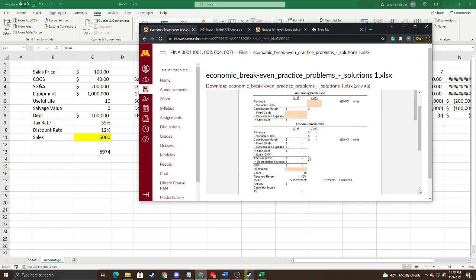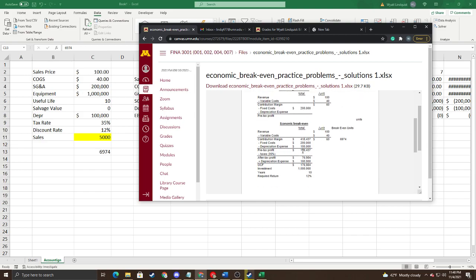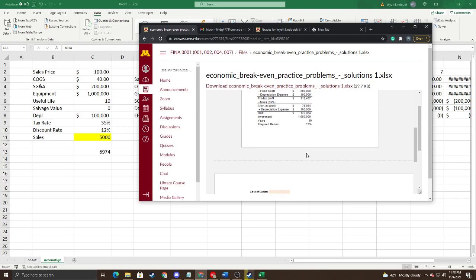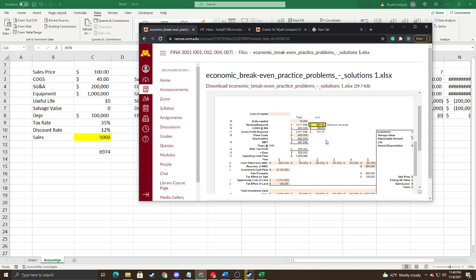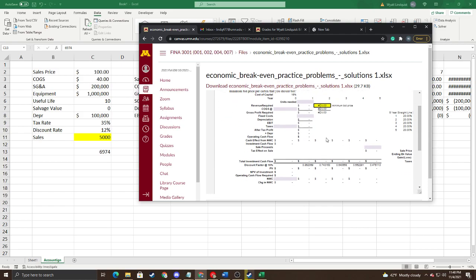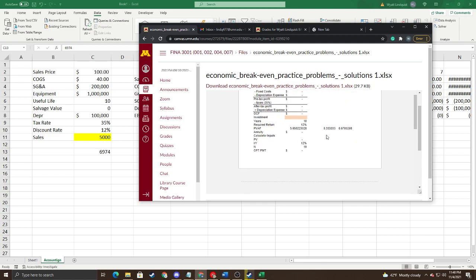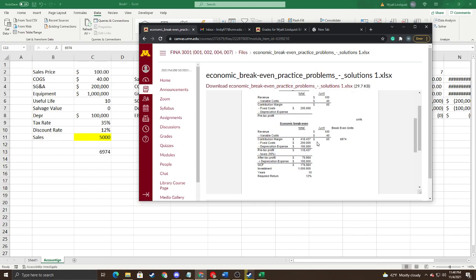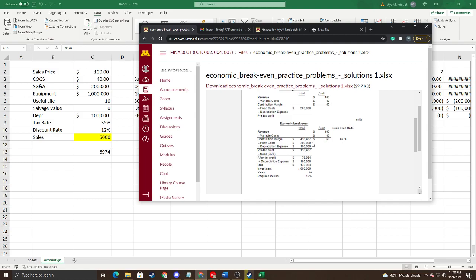I guess we don't see that anywhere. I guess they don't give us an accounting break even in this one, but hopefully you all are still able to see how we did this problem, even though we never got to see if the accounting break even was right. I'm pretty sure it's correct.